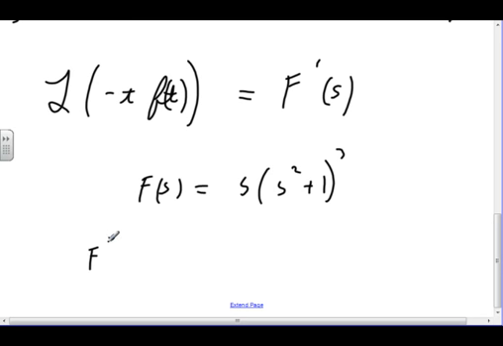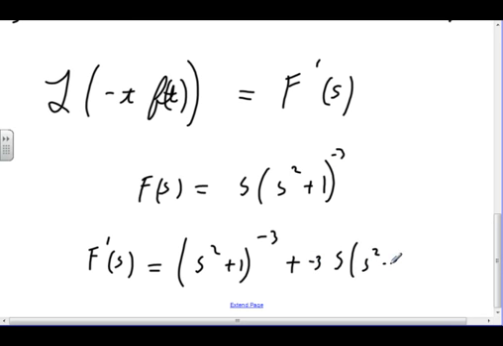F prime of s is going to be s squared plus 1 to the minus 3 plus s times minus 3 times s squared plus 1 to the minus 4 times 2s.